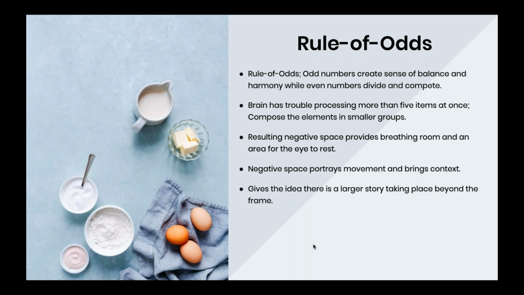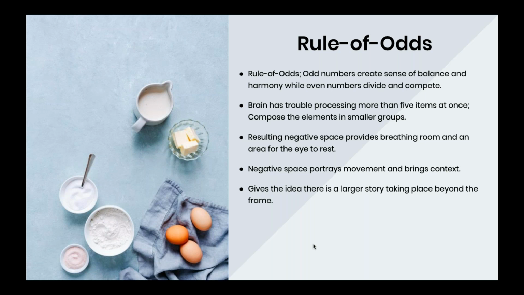So we have quite a bit of what we call negative space, which is that blank space in the top left side. And negative space is really important in an image because it gives us breathing room and an area for the eye to rest.